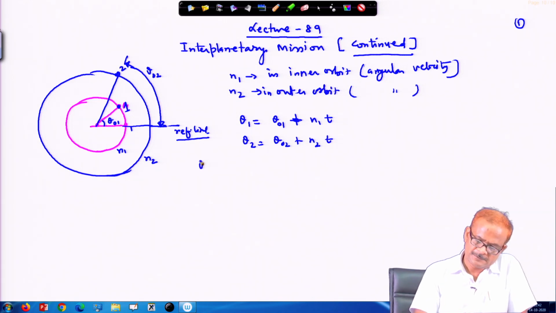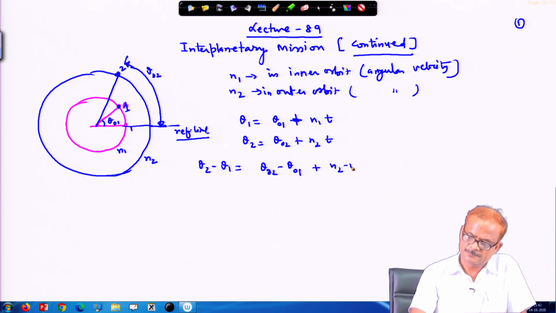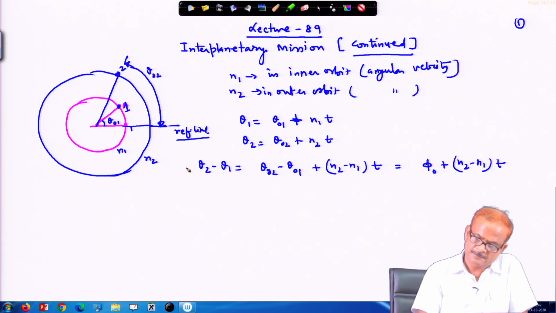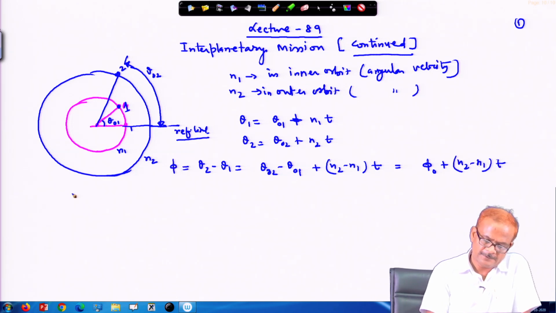And theta 2 minus theta 1 therefore can be written as theta 0 2 minus theta 0 1 plus n 2 minus n 1 times t, which we can write as phi 0 plus n 2 minus n 1 t, and on the left hand side we can write this as phi. So, phi equal to phi 0 plus n 2 minus n 1 t.